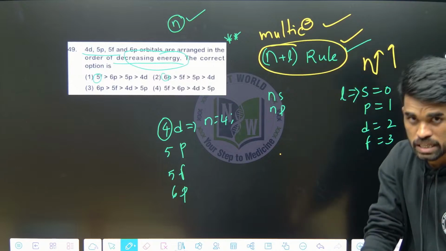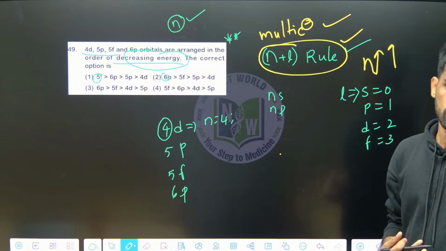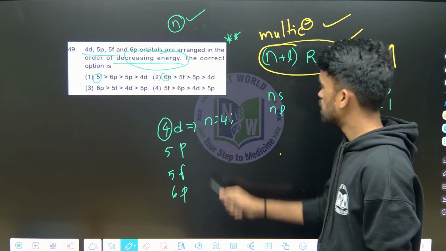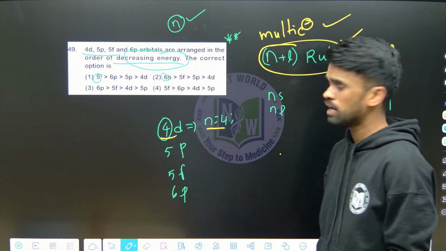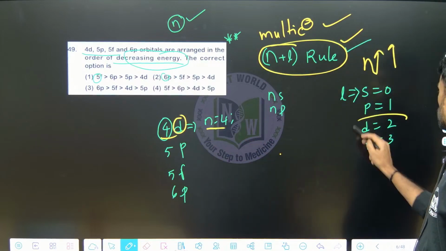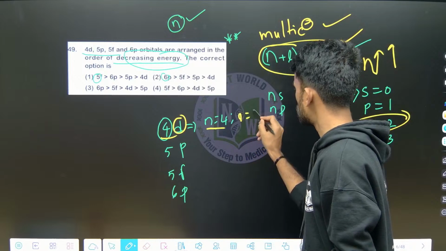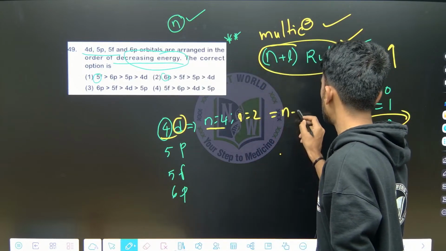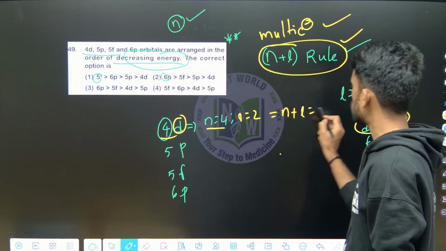If something like g is there, that will be 4. Now for 4d, n is 4 and l is 2, so n plus l is 4 plus 2, which is 6.